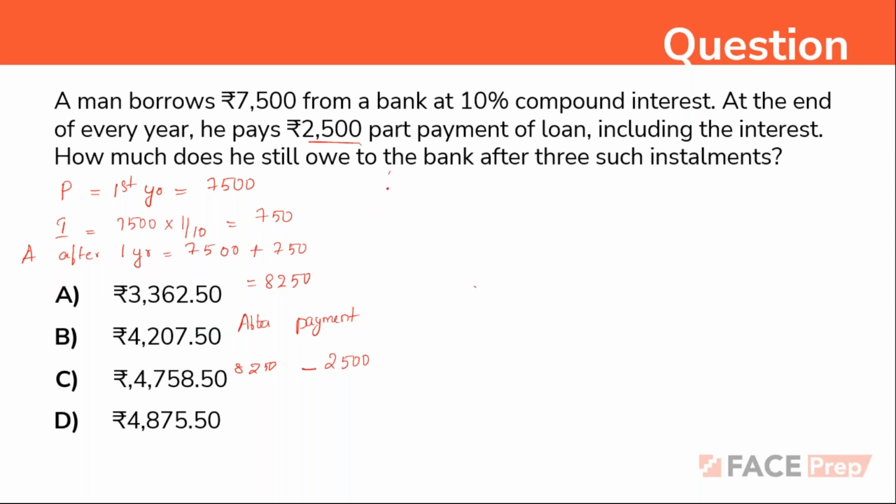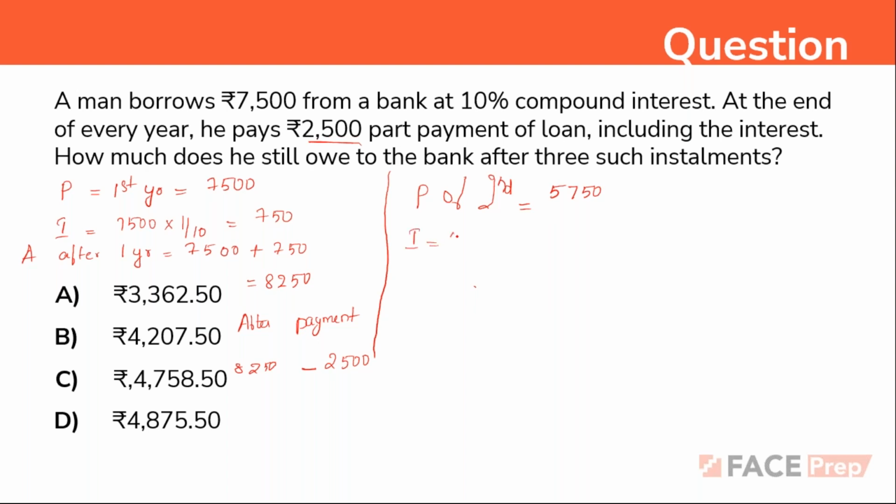This will be the principal amount after the first year. So now I need to calculate the principal of the second year. 8,250 minus 2,500, that is 5,750, will be the principal amount of the second year. Here also I need to calculate 10% interest.